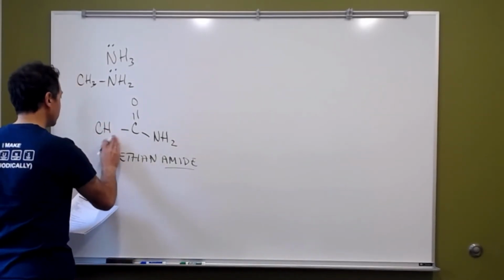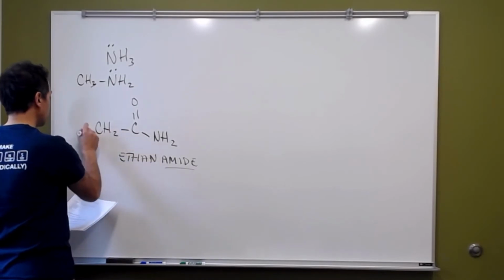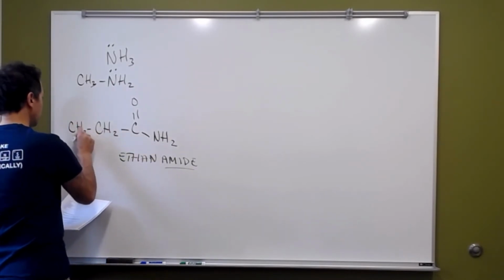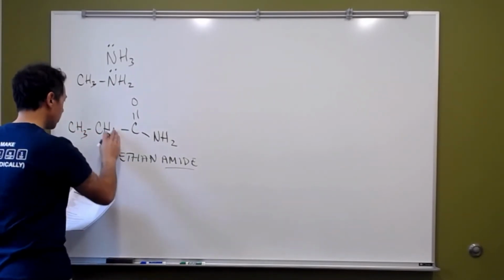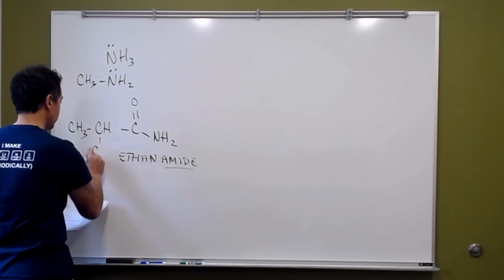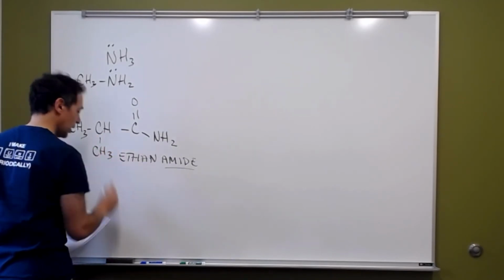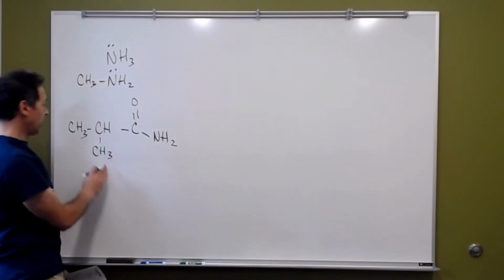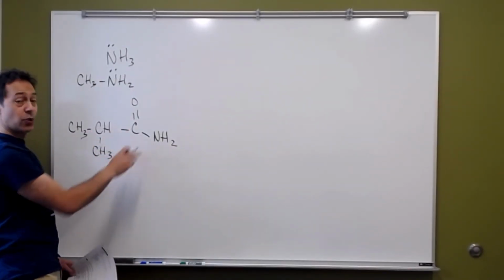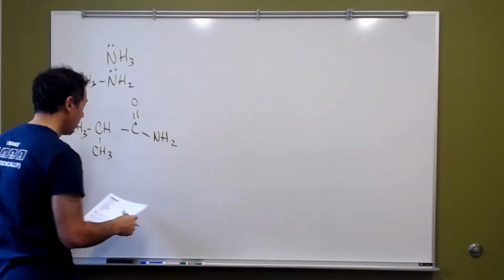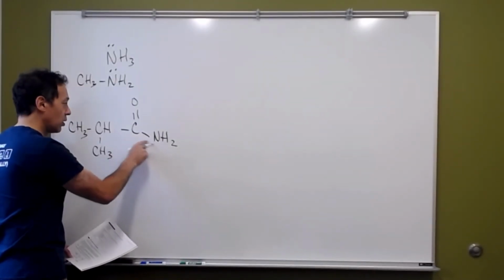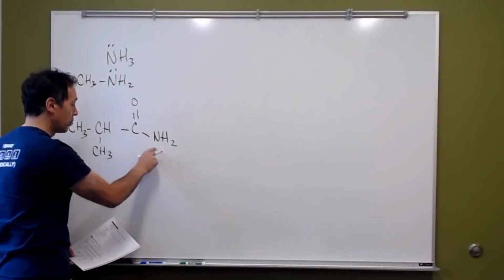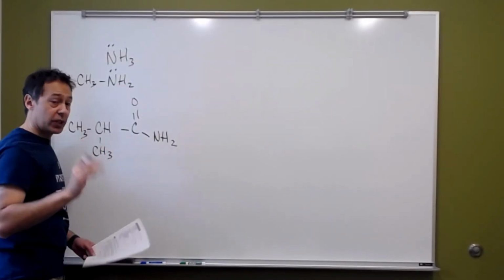So now, just for example, let's go like this, CH3, and then let's throw another CH3 like this. Okay, so we have a substituent on here now, where we have a methyl group attached onto our propanamide. This carbon right here, closest to the amide group, would be our number one carbon.